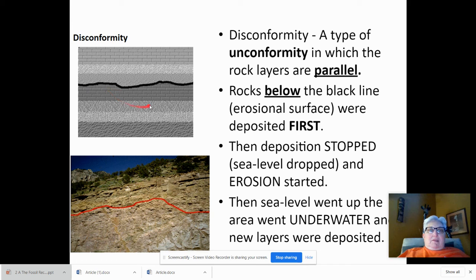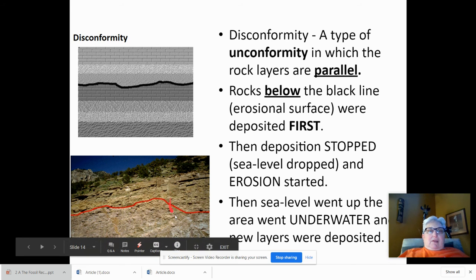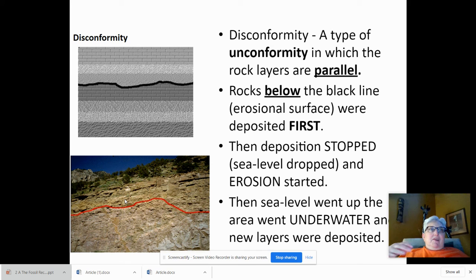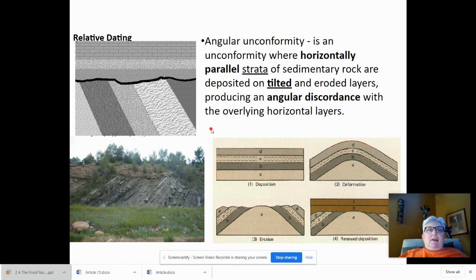Sometimes we see what are called disconformities, right? This is kind of an intrusion that's not parallel to the Earth. So we see a lot of different types of movement here. Sometimes you'll see this underwater because of the movement of the water. We get different layers of sediment that get deposited. So we don't see the striations the way we do sometimes in sedimentary rock when it's under the water.